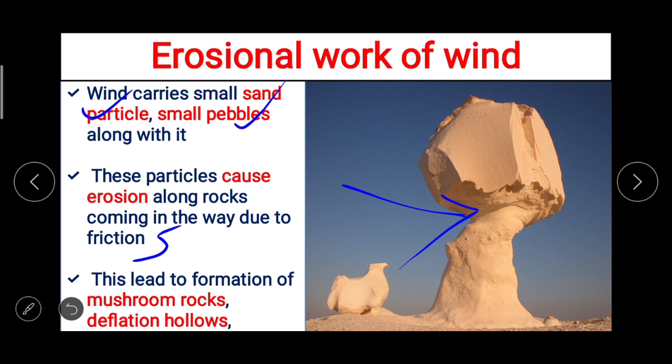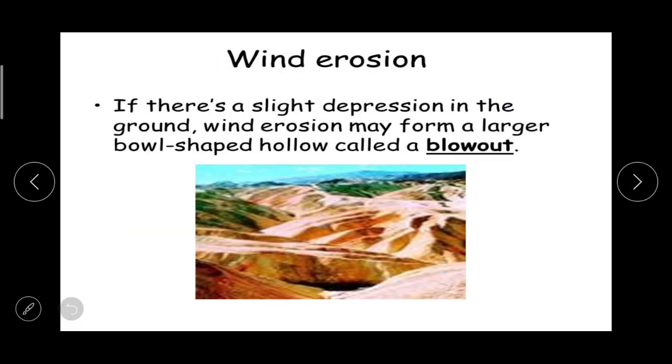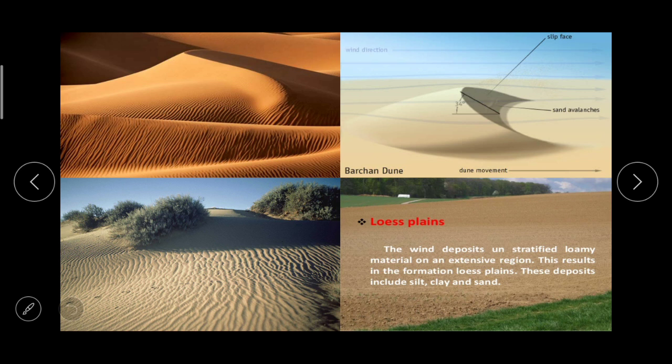So, the erosional work of wind. Deflation basins called blowouts are hollows formed by the removal of particles by wind. Blowouts are generally small but may be up to several kilometers in diameter. If there is a slight depression in the ground, wind erosion may form a larger bowl-shaped hollow called a blowout. Here again you can see.